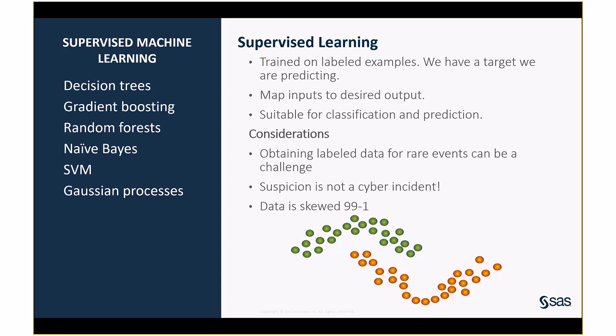So it's important that we understand that there needs to be labeled incidents and labeled examples to train the model. As is similar in the fraud realm, also in the cyber realm, it's often the case that these incidents are very small in relation to normal data, normal incidents. And so the data is often skewed in these models. That can present some challenges in training models, but that's something that can be accommodated.